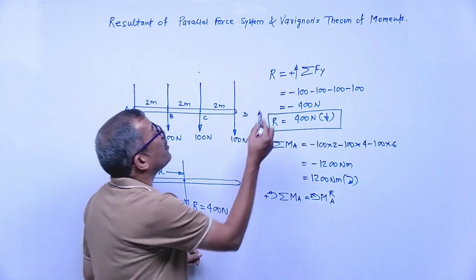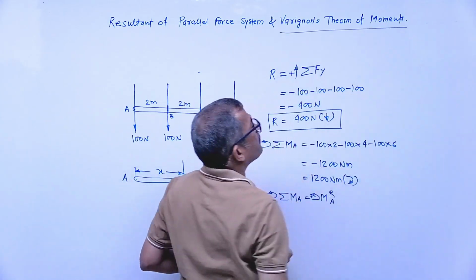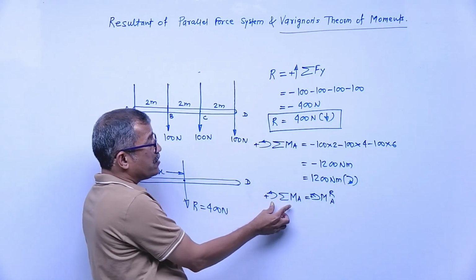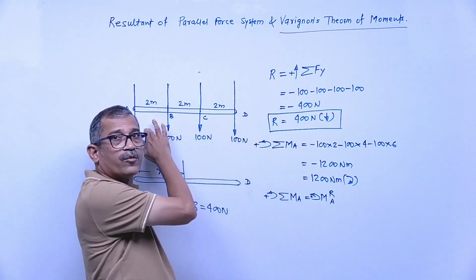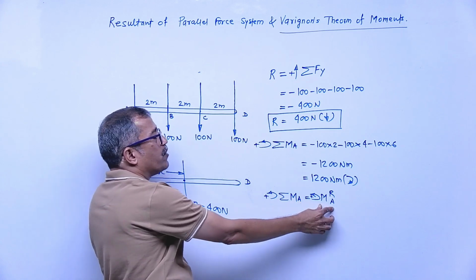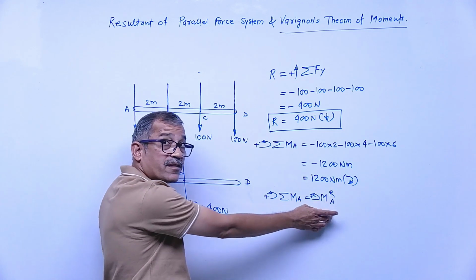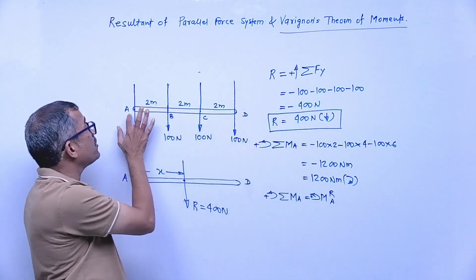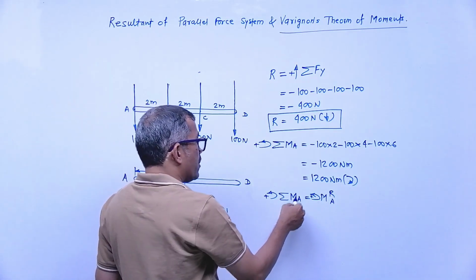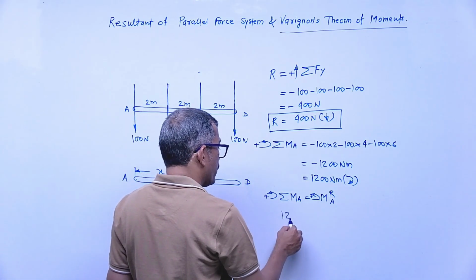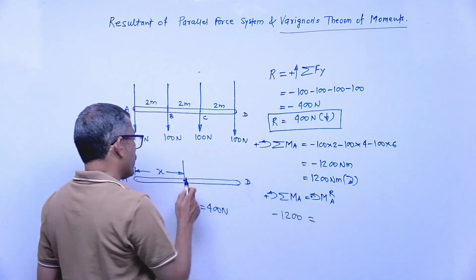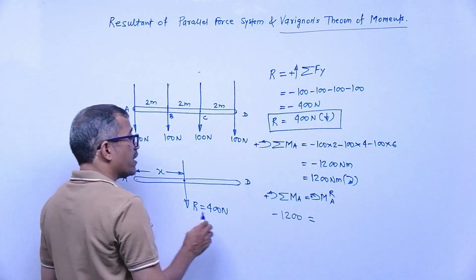Varignon's theorem of moments. What should be the statement of Varignon's theorem of moments? The sum of moments of all the forces about any point is equal to the moment of resultant about the same point. The effect of all forces about A you have taken, and the moment of resultant also about A. The sum of moments is 1200, clockwise, so minus. The moment of resultant is R into x, clockwise.